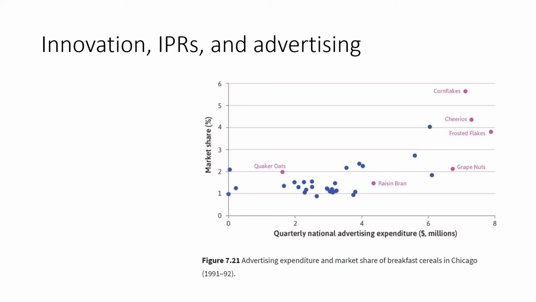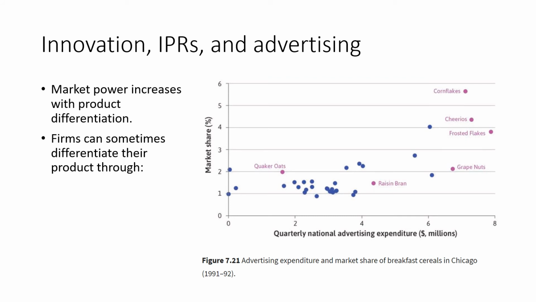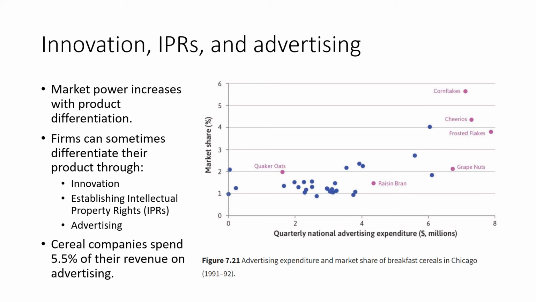These are the advertising expenditures and market share of breakfast cereals in Chicago in the 1991-1992 period. So market power increases with product differentiation. Firms can sometimes differentiate their product through innovation, establishing intellectual property rights, and advertising, and cereal companies spend 5.5% of their revenue on advertising.